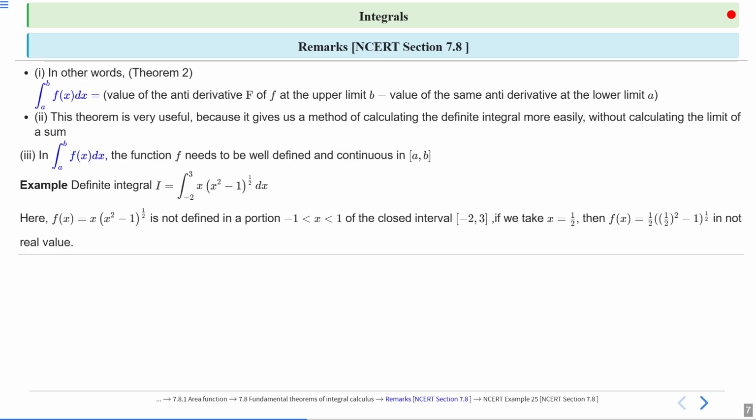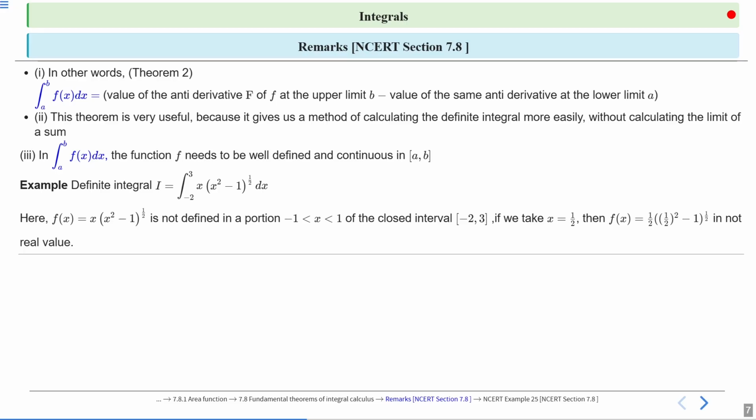And minus 3 by 4 to the power 1 by 2 means the square root of a negative number, that is an imaginary number. So it is not a real value, it is a complex value. So the function f(x) is not defined in the portion minus 1 to 1. So f(x) is not a well defined function.